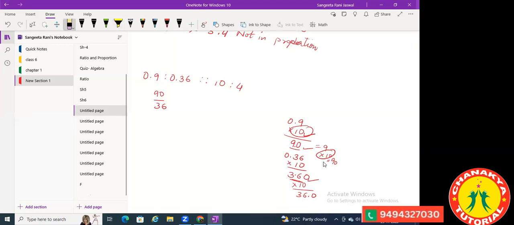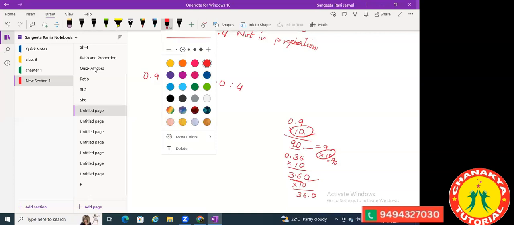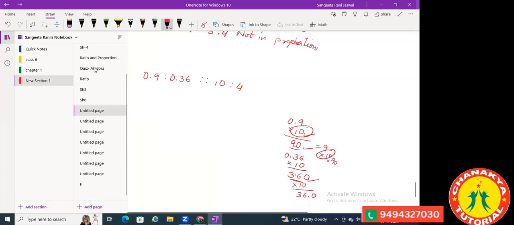So I'll show you this clearly. I'll multiply, wait a second. I'm erasing this. Okay, now the pen is here. Now look here.